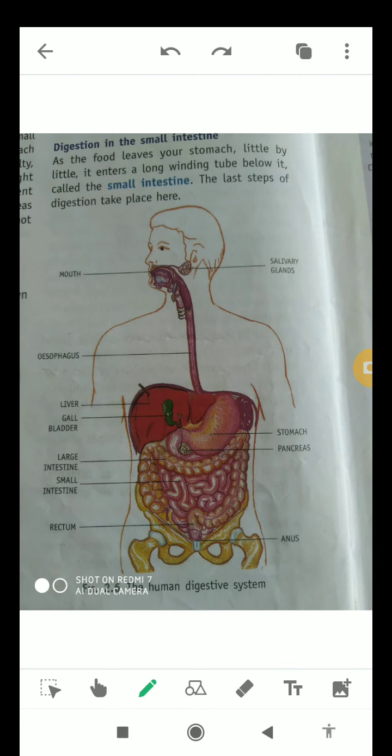Okay, so in the previous video I told you about how the digestion of food takes place in the stomach, and now I'll tell you about the digestion in the small intestine.